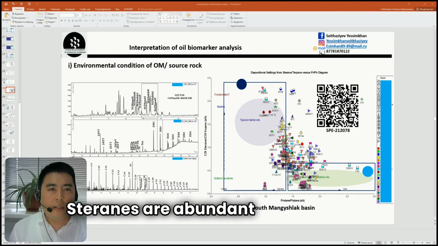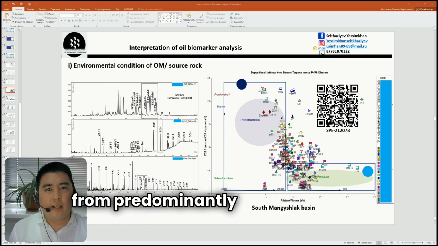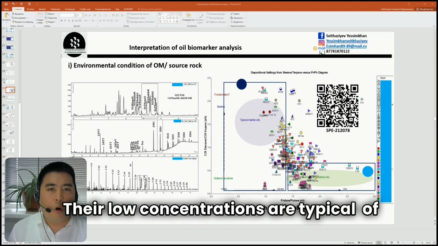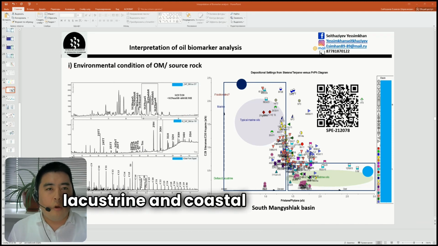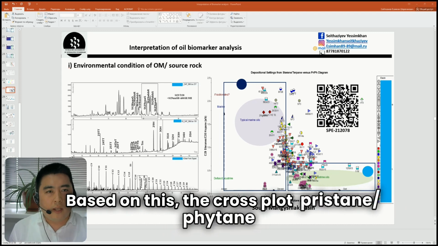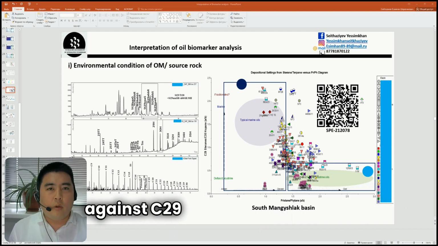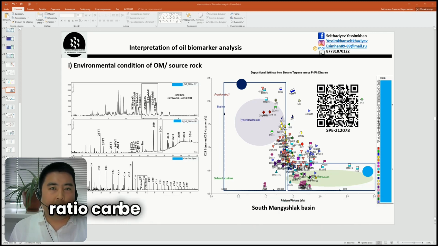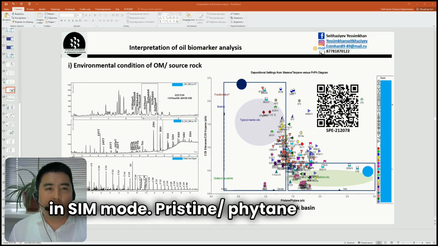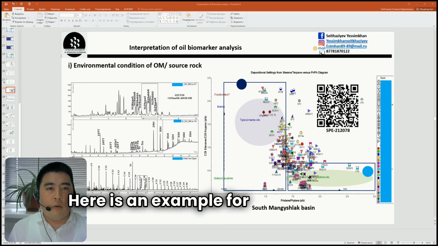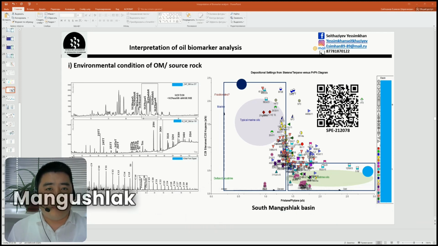Steranes are abundant in oils derived from predominantly marine organic matter, and their low concentrations are typical of lacustrine and coastal marine organic matter. Based on this, the pristane/phytane ratio against the C29 sterane/C30 hopane ratio can be plotted after their integration in SIM mode. Pristane/phytane values can be derived from GC as well. Here is an example for the oil fields of the South Mangyshlak Basin.